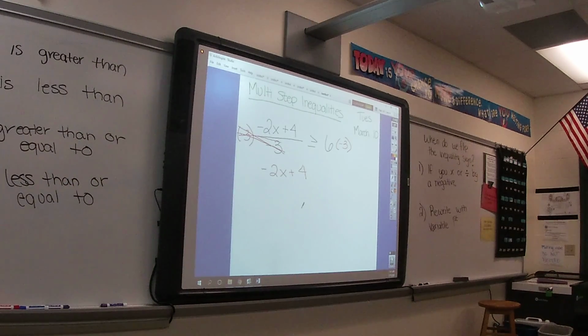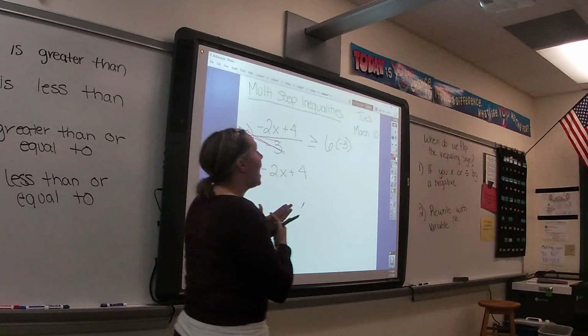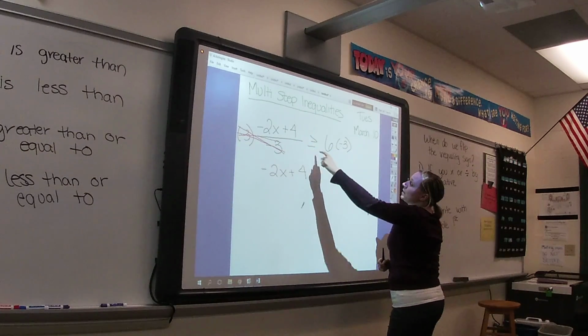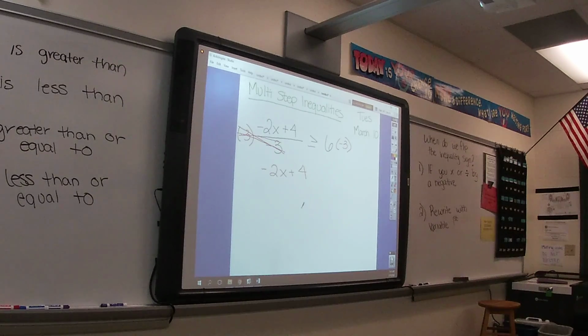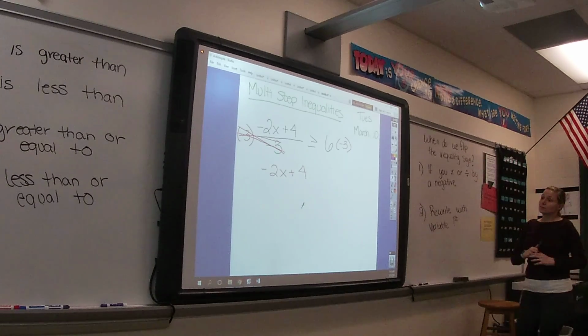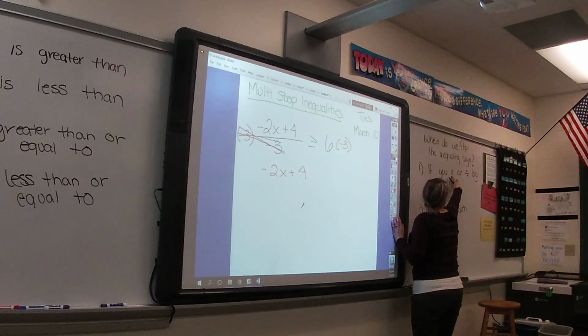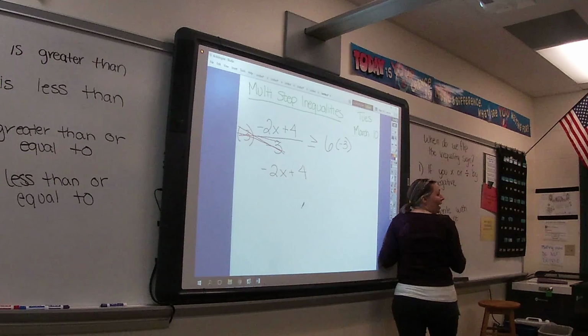Now, we have to think in our brains, right? Do we have a reason to flip this inequality sign? Yes. It's negative. Yes. So why is it a yes, Isaac? We are multiplying by a negative.